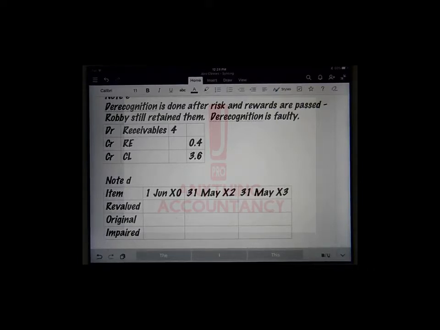Done. So you started with how much? Original cost is how much? 10, right? How long is the life? 20. So here what will be the value actually? Carrying value should have been 9, here would have been 8.5. Okay, are you clear? Then they revalued here to 11, right? Yes or no? 11, then 18 years.